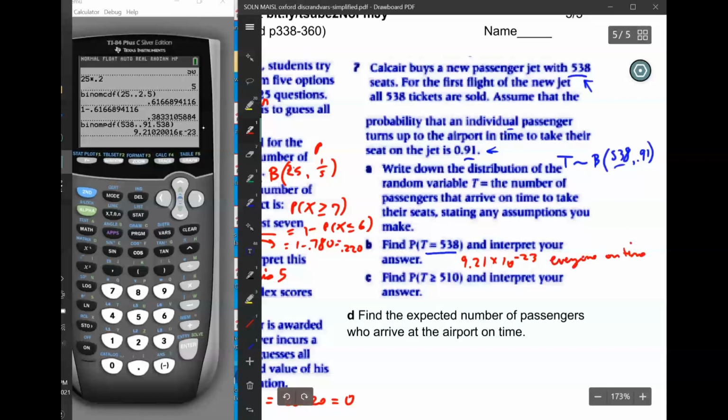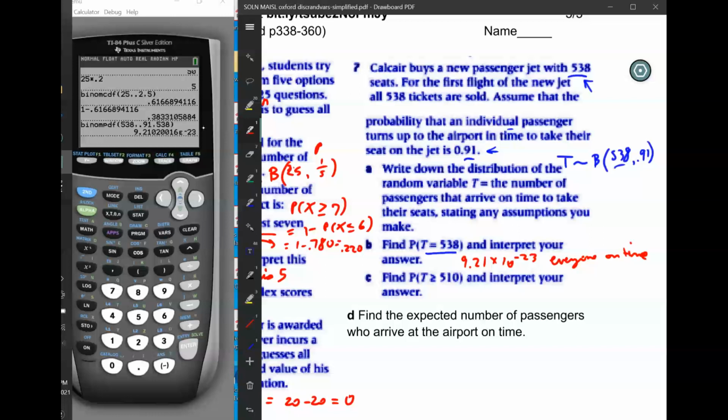So this kind of shows you why planes overbook, right? Planes need to fly full in order to make the most money possible on a plane. If they only sell exactly the number of tickets that the plane holds, then they're always going to have empty seats, and they don't want to fly with empty seats.